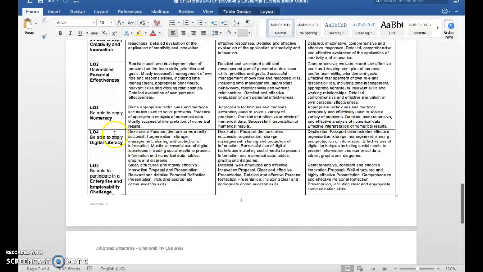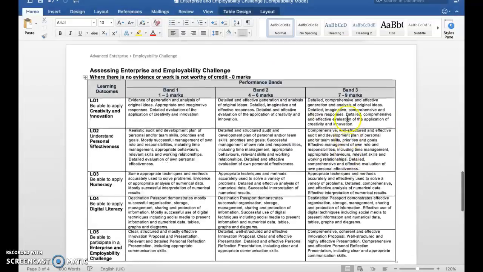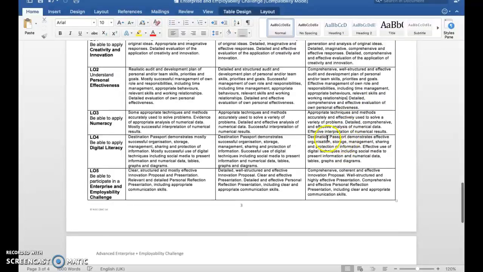Digital literacy was throughout. It is a digital qualification. It's why you're in IT rooms. You're constantly using digital technologies, and we would be looking to assess that based on these 3 different statements here. Again, I'm going to stay in the top band because that's where we all want to be. And the whole passport, so the entire thing, all 4 tasks, demonstrates effective organization, storage, management, sharing, and protection of information.